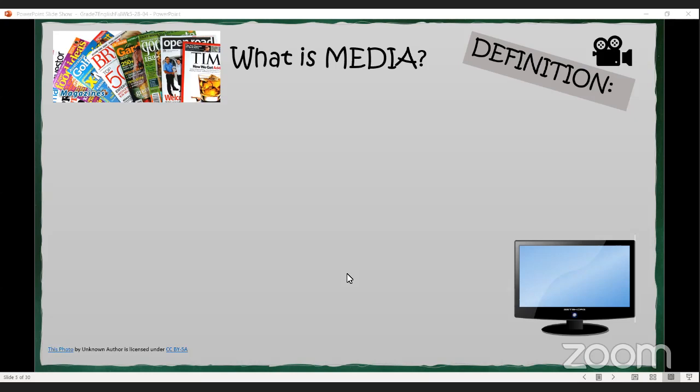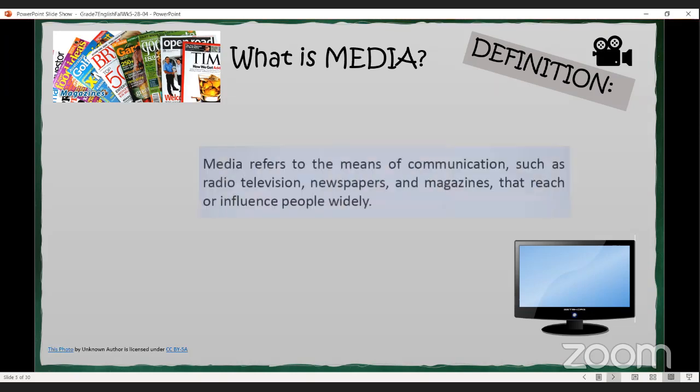Media is the vehicle that advertising uses to get the advert out there. Media examples are television, magazines, even online magazines now, and newspapers. They're all means of communication, and today we're touching on newspapers.